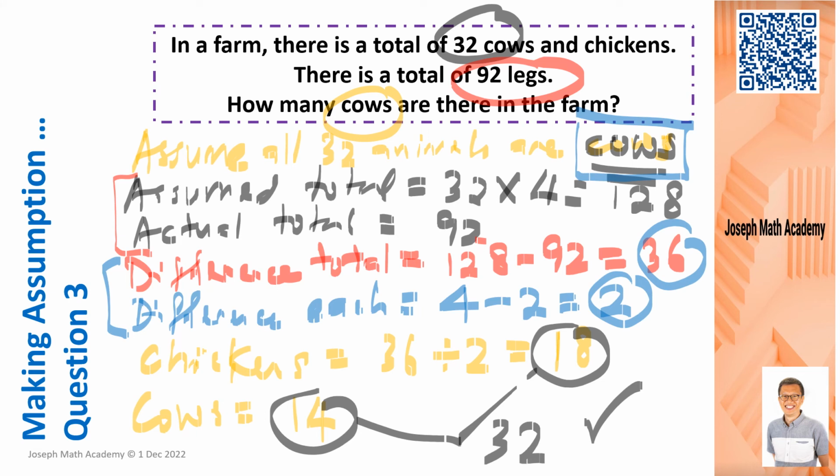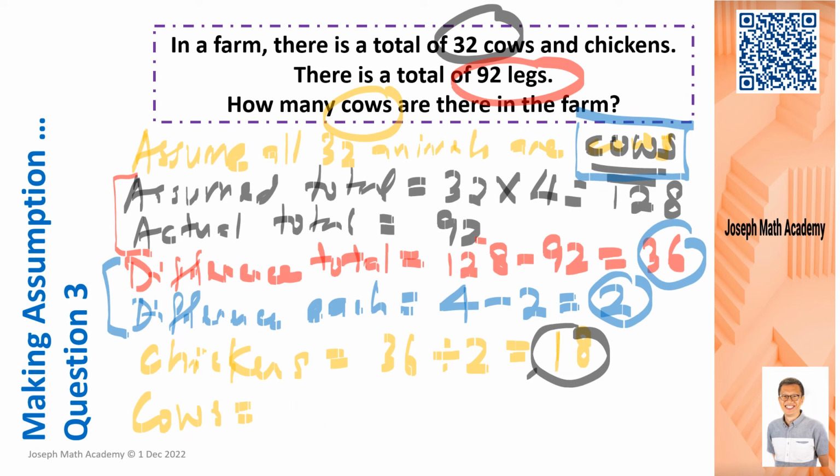Okay, so to find the counts, we have to do one extra step. In the main question, we are told to find the number of counts. So to find the number of counts, take the total animals minus 18 chickens, that will be 14. So this is our answer.